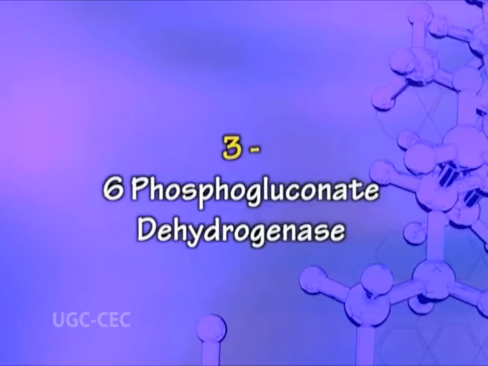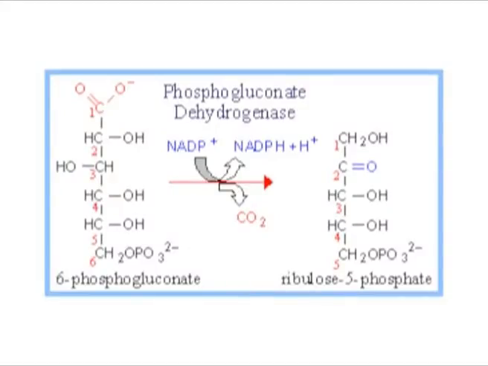Number 3. 6-phosphogluconate dehydrogenase catalyzes oxidative decarboxylation of 6-phosphogluconate to yield the 5-carbon ketose ribulose 5-phosphate. The hydroxyl at C3 is oxidized to a ketone. This promotes loss of the carboxyl at C1 as carbon dioxide.